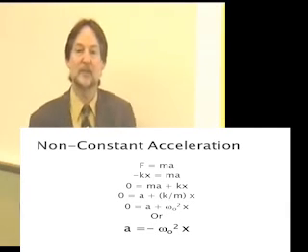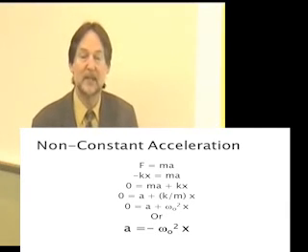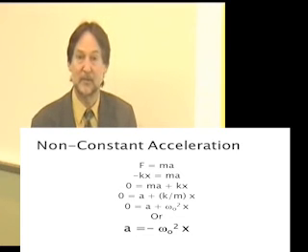The sines will cancel, the amplitude will cancel, and after you take everything out, you're simply left with omega squared equals k over m.